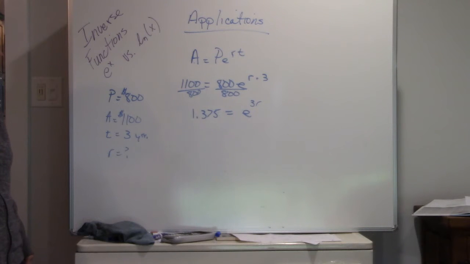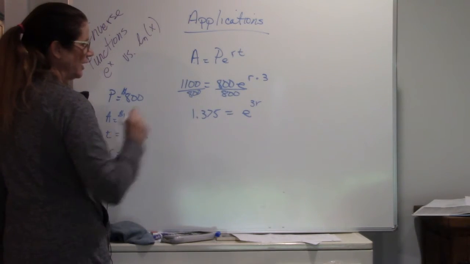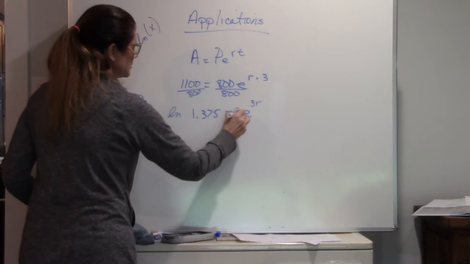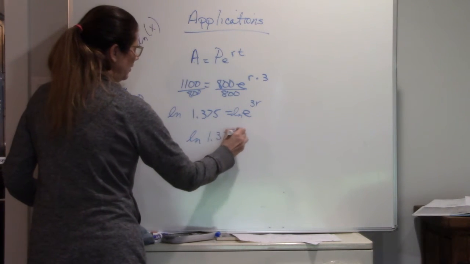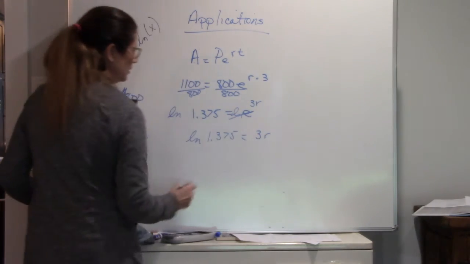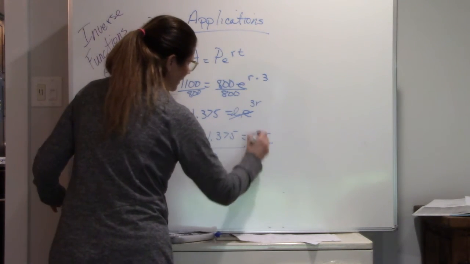So R times 3 is the same as 3 times R. My unknown is in my exponent. That means I need to get rid of the e, so I'm going to ln both sides. So I have ln of 1.375 equals, that undoes each other, 3R. Divide by 3, and I get my rate.